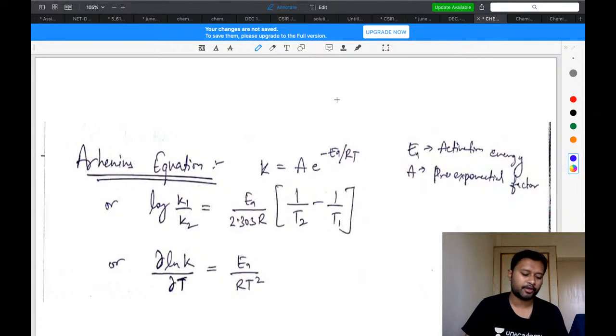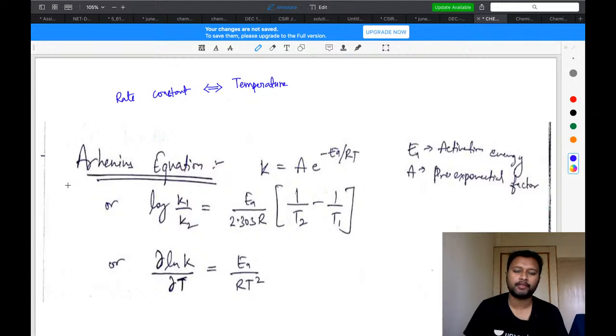The next important thing is your Arrhenius equation. Arrhenius equation relates two important things: the rate constant and the temperature of the reaction.